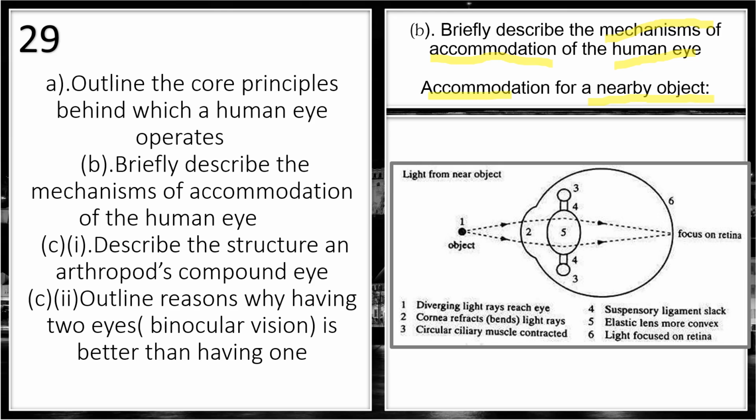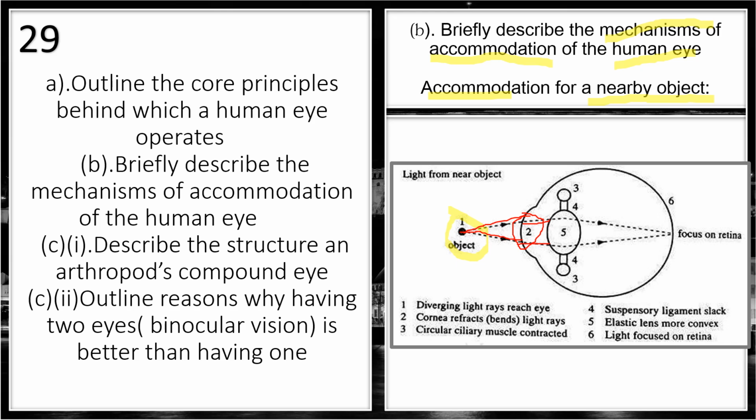We have an object here, and it produces diverging light rays which reach the eye. Then the cornea here refracts the light rays.